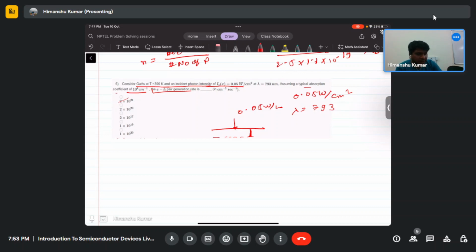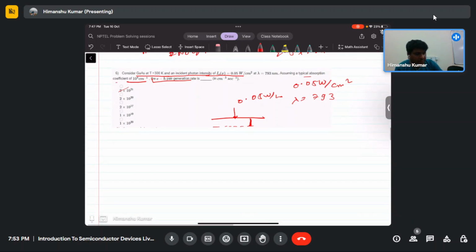So to get the number of photons or electrons generated, you just need to multiply this, I of x, 0.05 watt per centimeter square, multiplied by alpha. So that many photons will get absorbed.